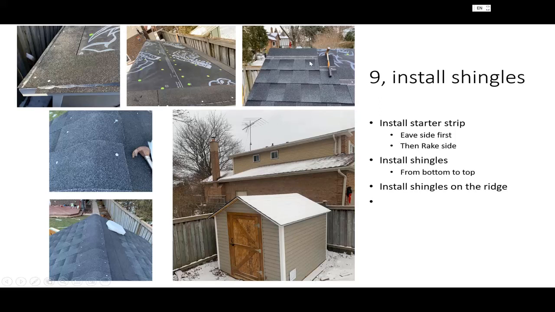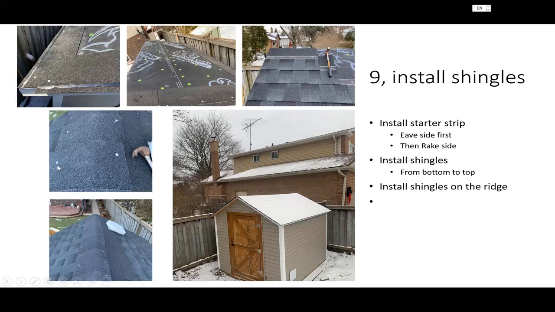The shingles, you can see, all follow a special pattern. So I have basically shown you that after the starter strip you can install shingles. I have put a couple of YouTube videos, and you can just do it from there. Again, the sequence is from the bottom to the top. After you do the layers, you do this side first, right?